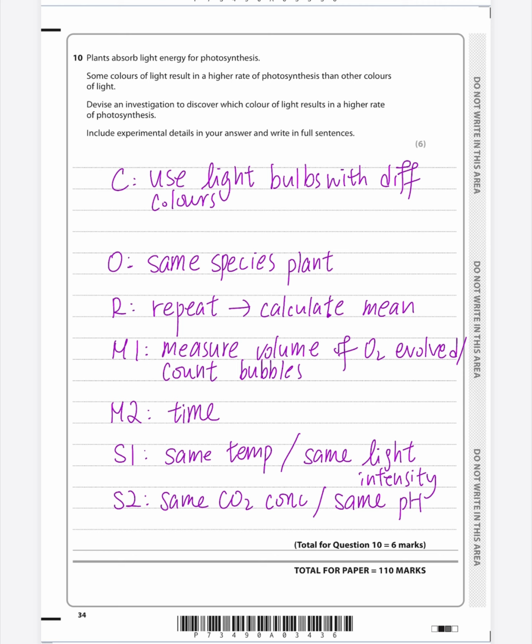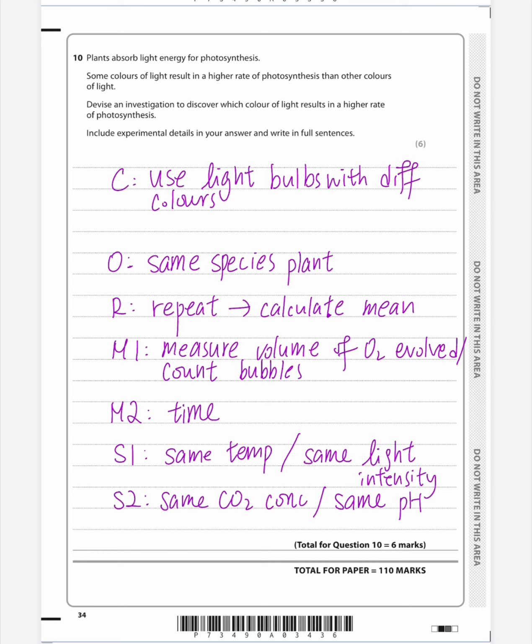So in this question, we need to identify what the independent variable and dependent variable are. We say the independent variable is the cause and the dependent variable is the result. Here we can see the light color is the cause and the photosynthesis rate is the result, because when we change the color of light, there are different photosynthesis rates, right?